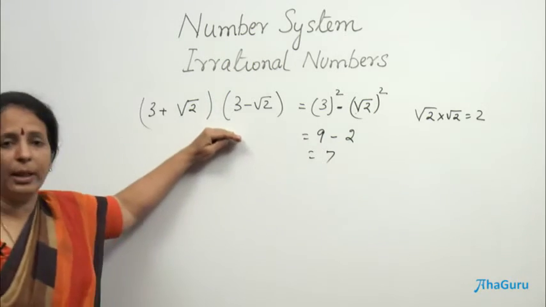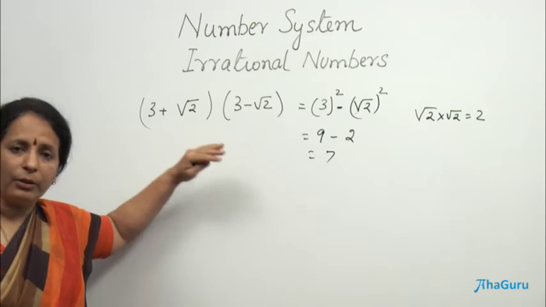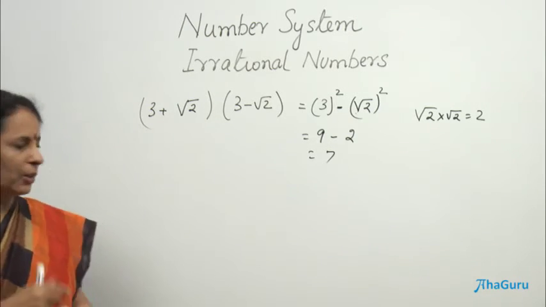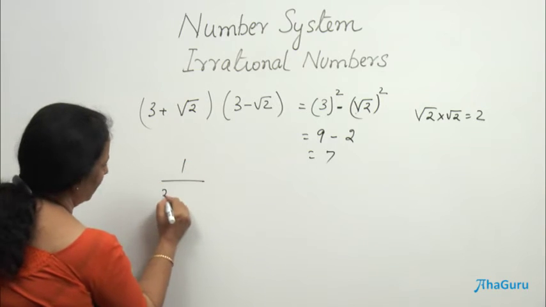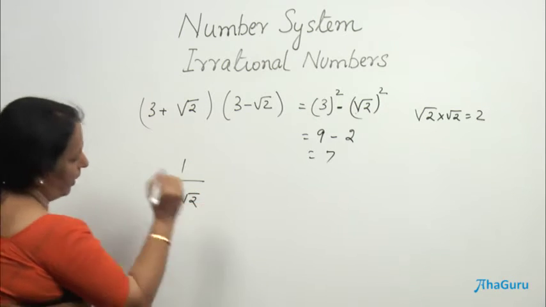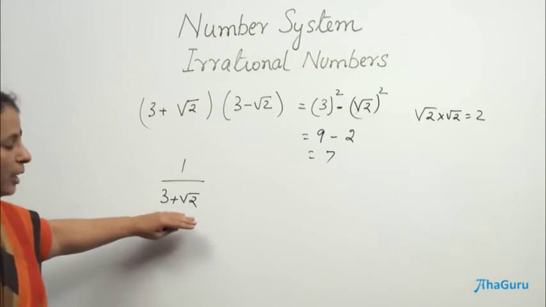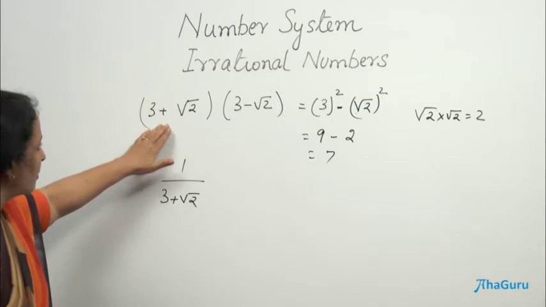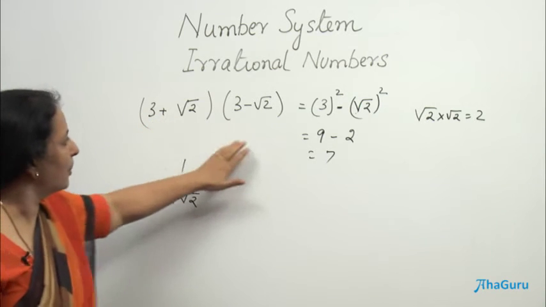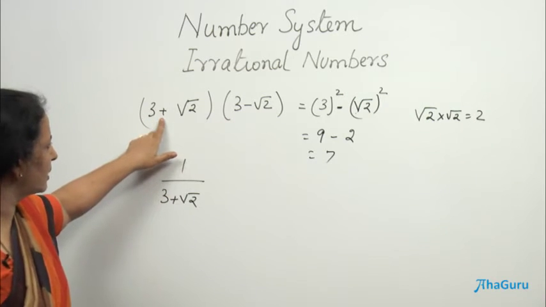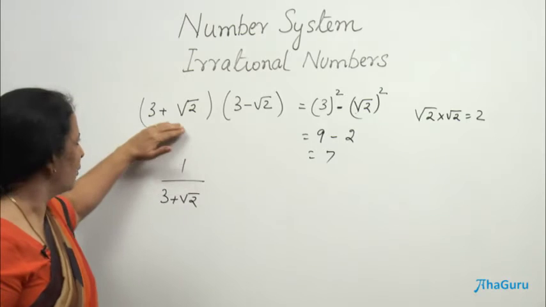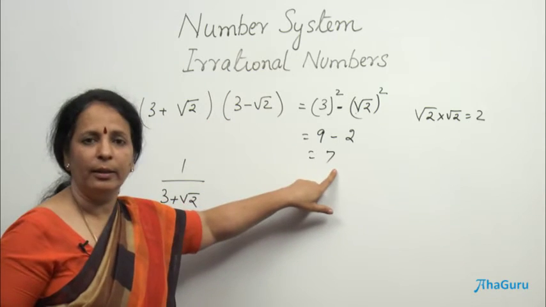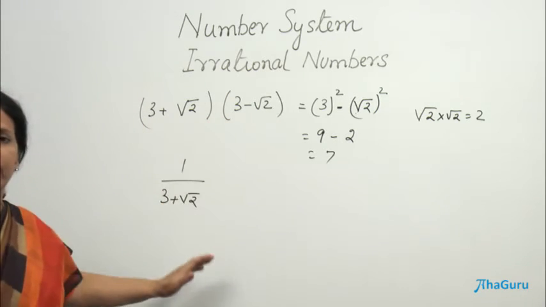Now, this is a very important thing for us to use in the rationalization. For example, the same thing. If this is the fraction I have, the denominator is irrational. How do I make it rational? Just now we have seen, if I multiply this by this, the only difference is it is plus here, here it is minus. If I multiply these two, I am going to get a rational number. Why don't I use the same trick here?